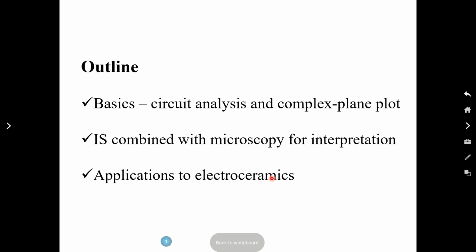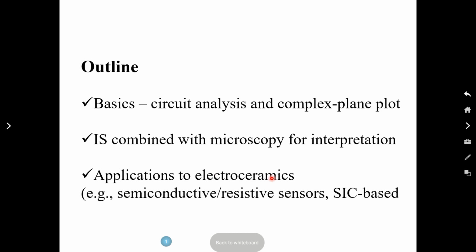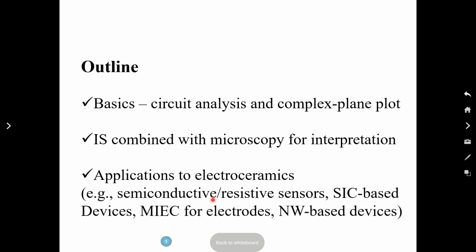So that's the outline of the agenda, and some of the examples I'll take: semiconducting or resistive touch sensors, superionic conductor-based devices like fuel cells and oxygen pumps and sensors, etc. Mixed ionic electronic material for electrode application. And this becomes very important for using a galvanic cell using solid electrolytes.